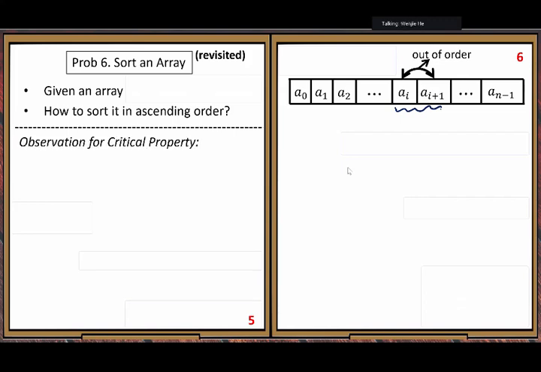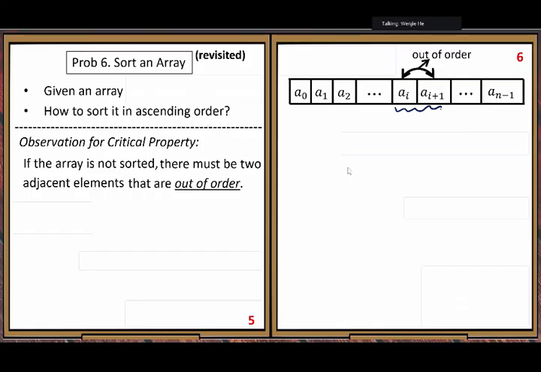So let's do observation for critical property, based on the order information. If the array is not sorted, not in ascending order, what conclusion can we get? There must be two adjacent elements that are out of order.